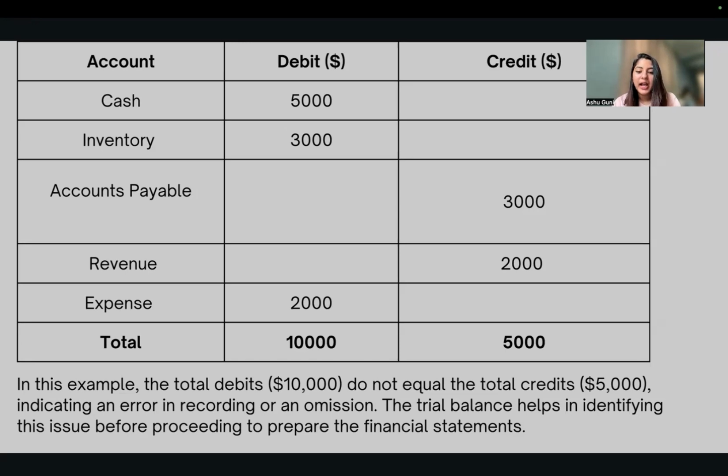By observing this trial balance, we can say that it helps in identifying these issues before proceeding towards the preparation of other financial statements. So this helps us know that further investigation is required before moving forward. I have shown a trial balance which is not balanced so that it will be easier to understand.